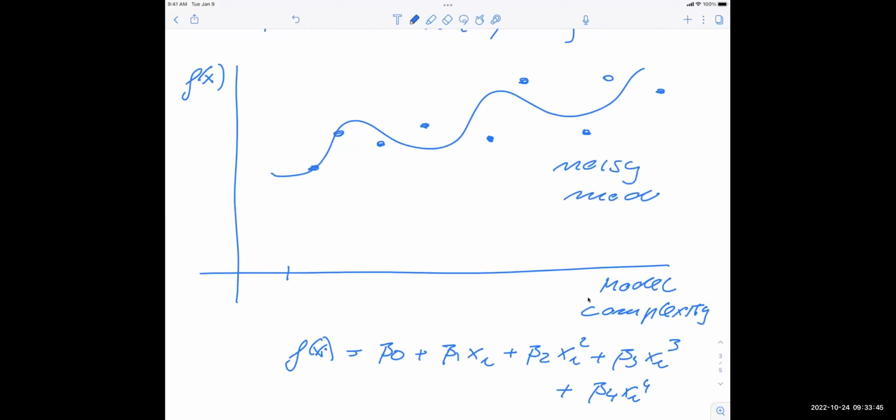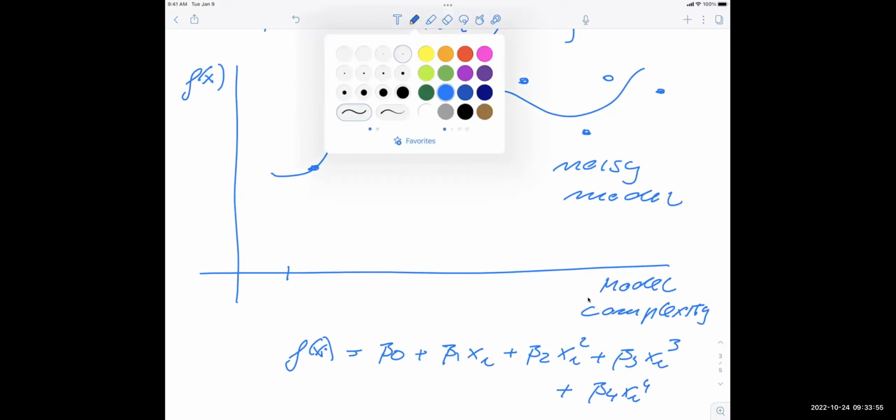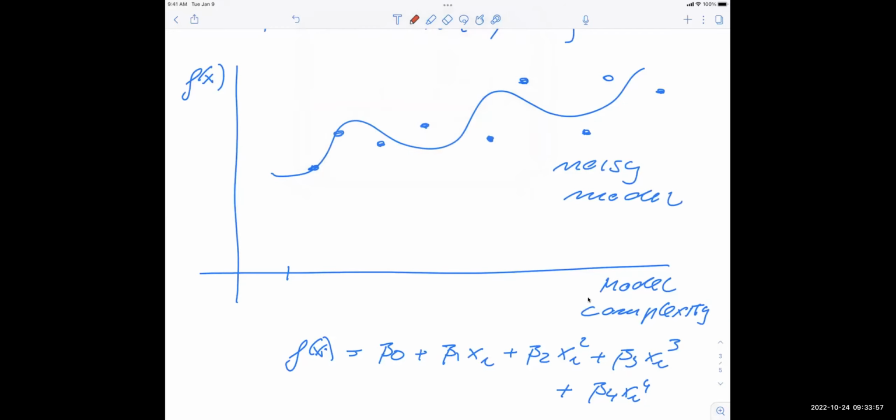And when I increase the complexity of the model, I'm tweaking the parameters to better and better reproduce this data. I'm trying to make something which goes through all the data points when I increase the complexity.